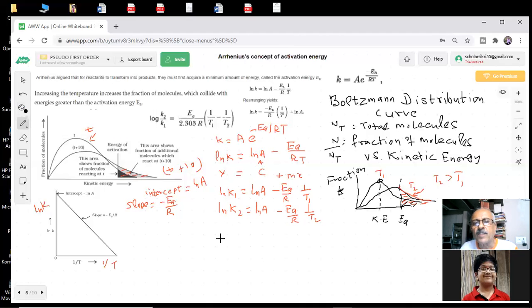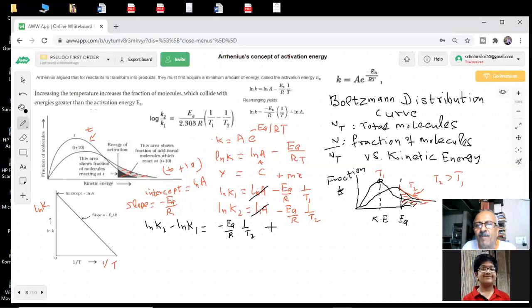I have two equations. And if I subtract the two equations, I'm saying ln k2 minus ln k1 will be equal to, ln A will get cancelled, students. What will that be? ln k2 is minus Ea by R into 1 by T2, minus ln k1.